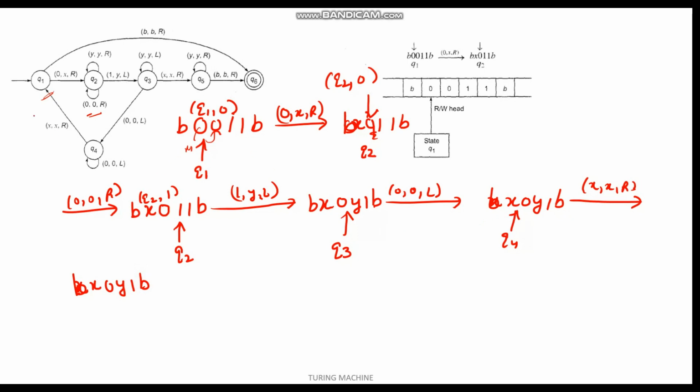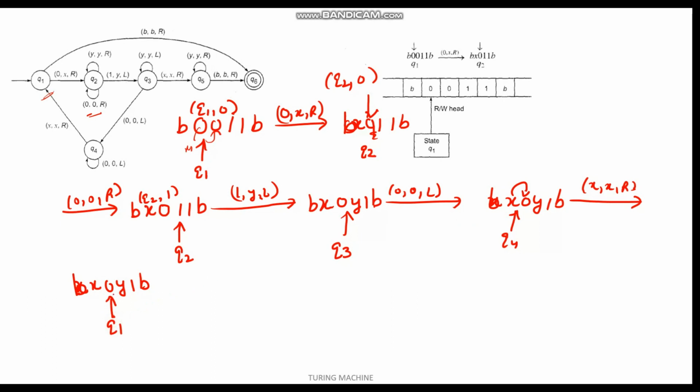Is there any state change? Yes, the state changes to q1. So where we have to write this q1, which is moving towards right. So from x it will shift to this 0. So it will point to 0, and the current state is q1.